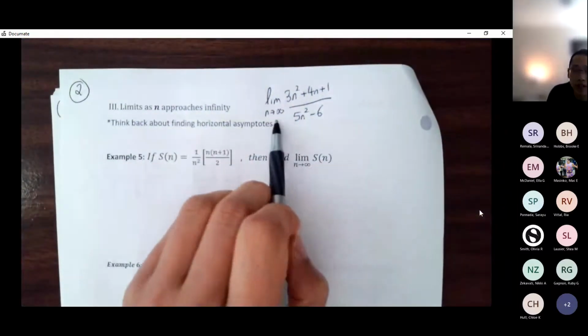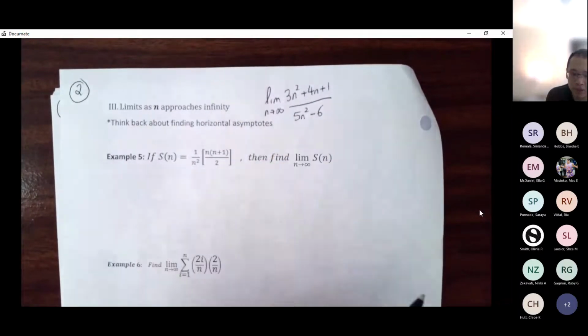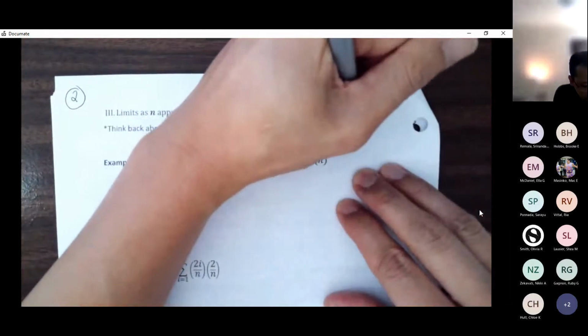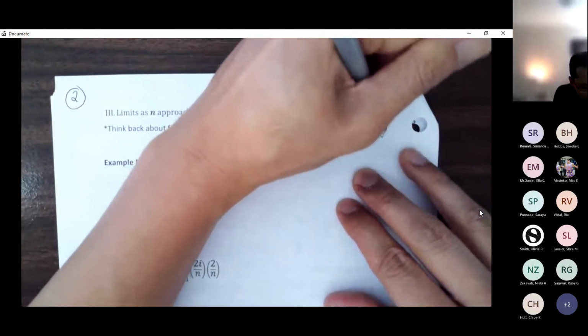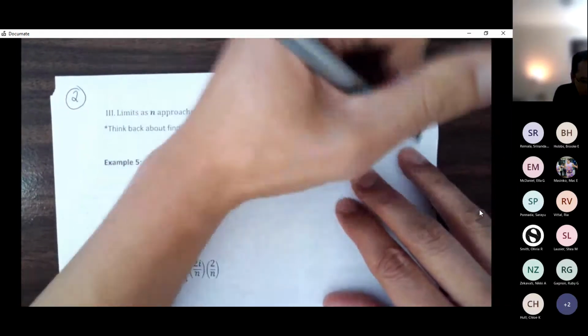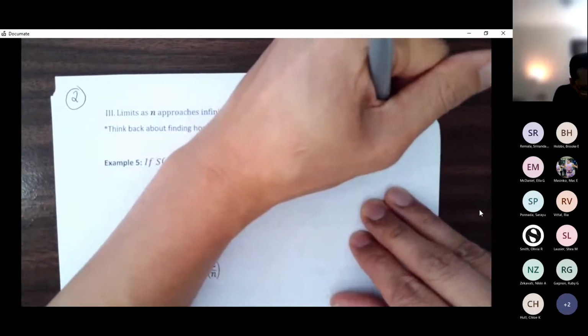If we're going out to infinity, the way we find limits, we don't plug numbers in, right? All we do is compare degrees. And if the degrees match, then all we do is find the ratio of the leading coefficients.